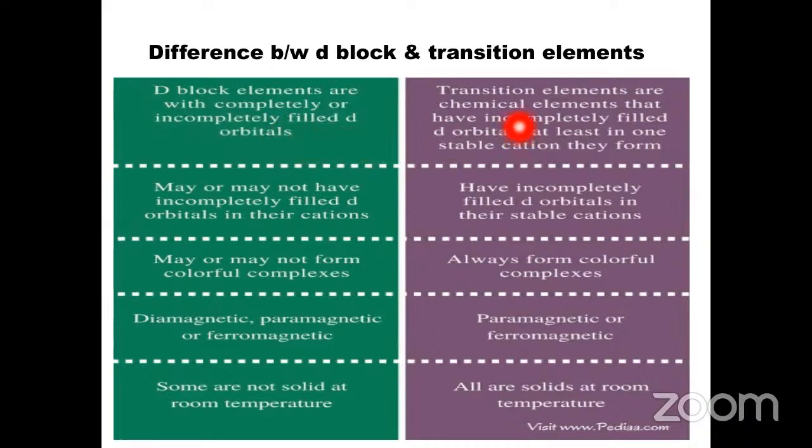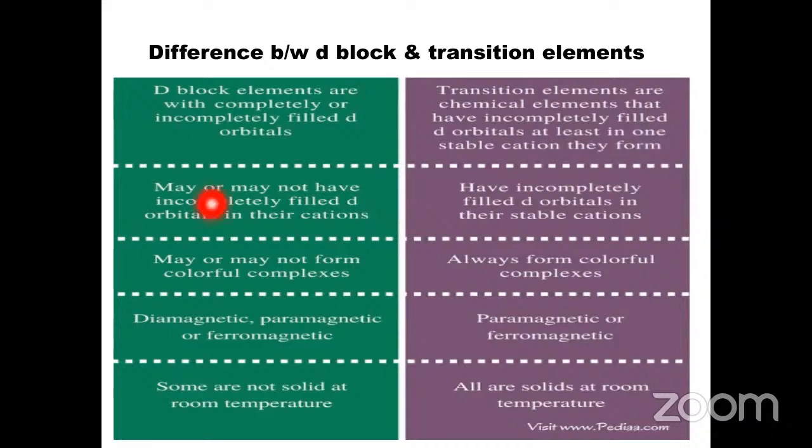The transition elements are elements that have incompletely filled d orbitals in at least one stable cation they form.